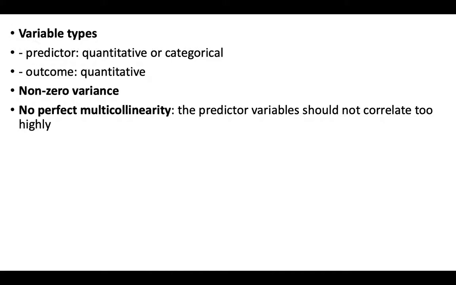Imagine that you would like to find out what are the variables that predict performance on a vocabulary test, and for example your variables of motivation and attitude correlate highly. Then when interpreting your results you cannot really tell the difference between the two, so you don't know which one predicts which, or which one adds more to your model. So it's very important.